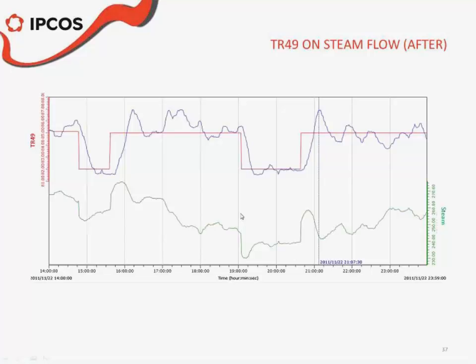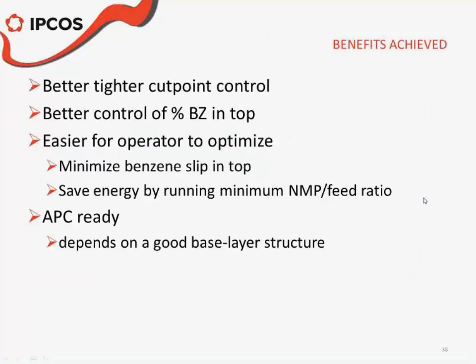Here you can see a clear effect on the temperature, and that allows you to have a much tighter cut point control, easier for the operator to optimize, because now he can easily keep the benzene slip in the top at the minimum.